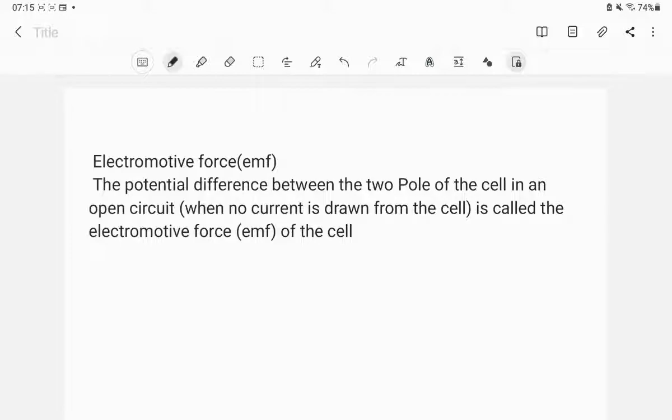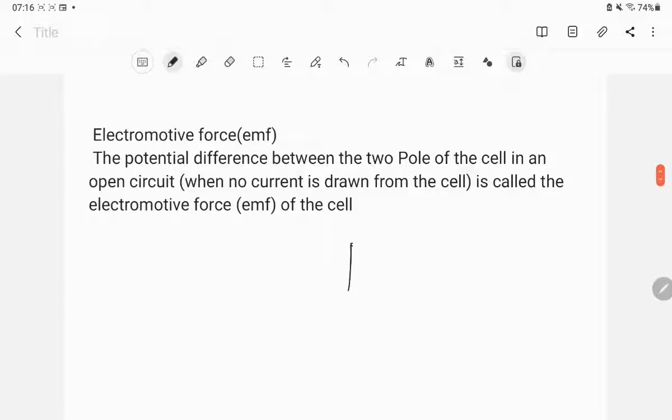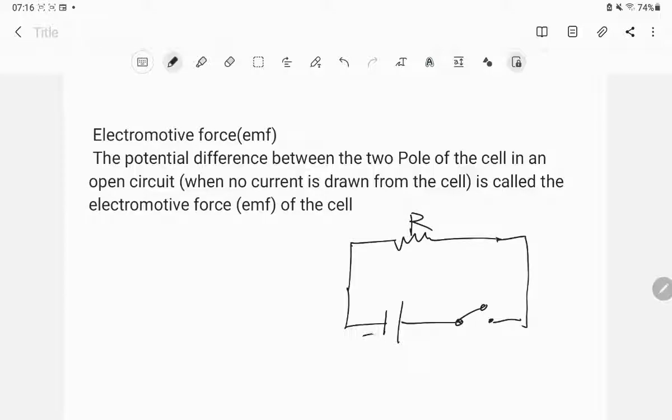Okay, let's explain with a circuit. This is the battery, this is the external resistance, this is a cell. The cell will also have some internal resistance.